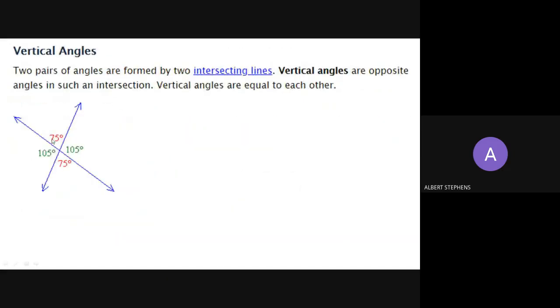So if this is 75, to get over here, it would be 180 subtract 75, which is 105. And if on the right-hand side is 105, on the left-hand side must be 105. All right. Question: if I add up all these angles, what number would I get? 360.